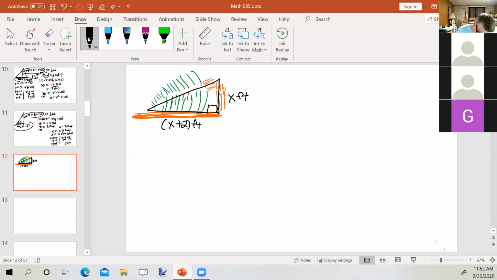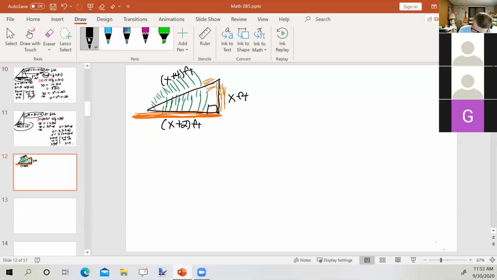And the length of the tree that fell is x plus 4 feet. All right. So we have a right triangle, we have 3 sides of a right triangle, and we're trying to find the length of each. Basically, it said find x, and then from there, we can figure out how tall the tree was originally.